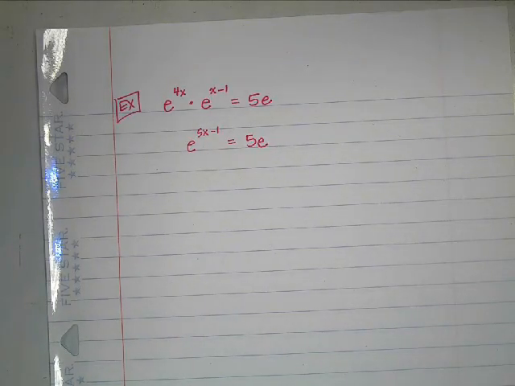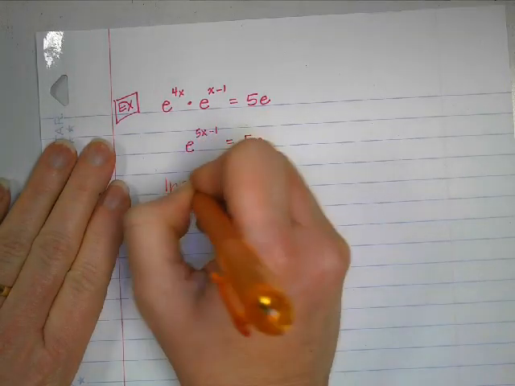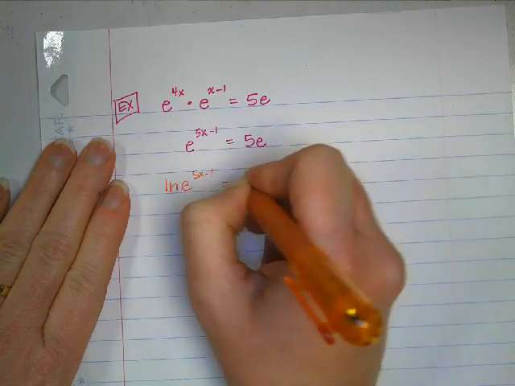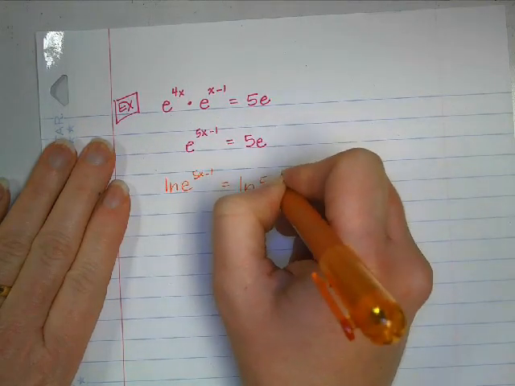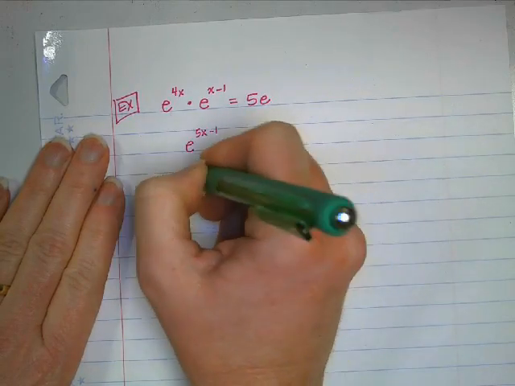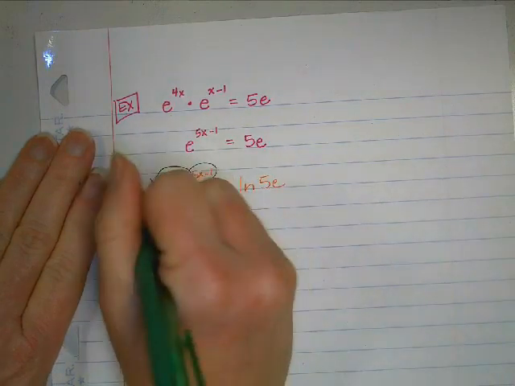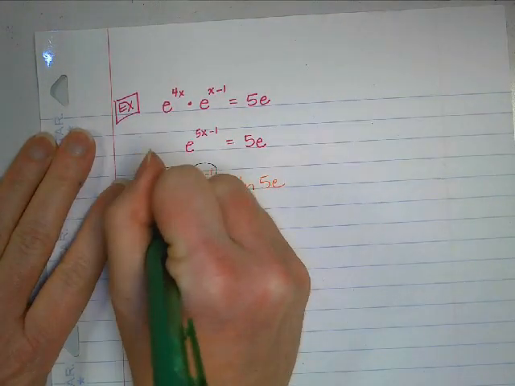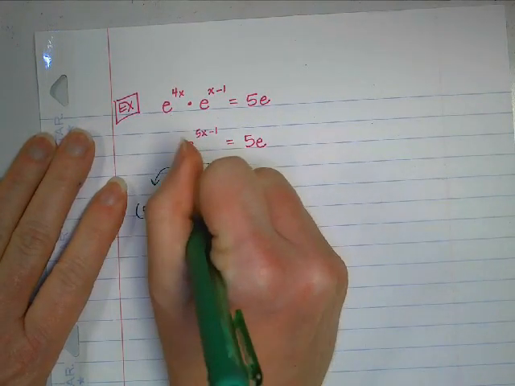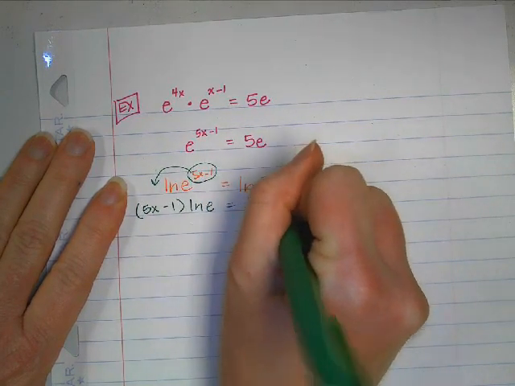Yep, now we're just going to do natural log on both sides. All of this gets to come down to the front. Now remember, it was living in a treehouse together, so it's all grouped together. 5x minus 1, natural log e, equals natural log 5e.